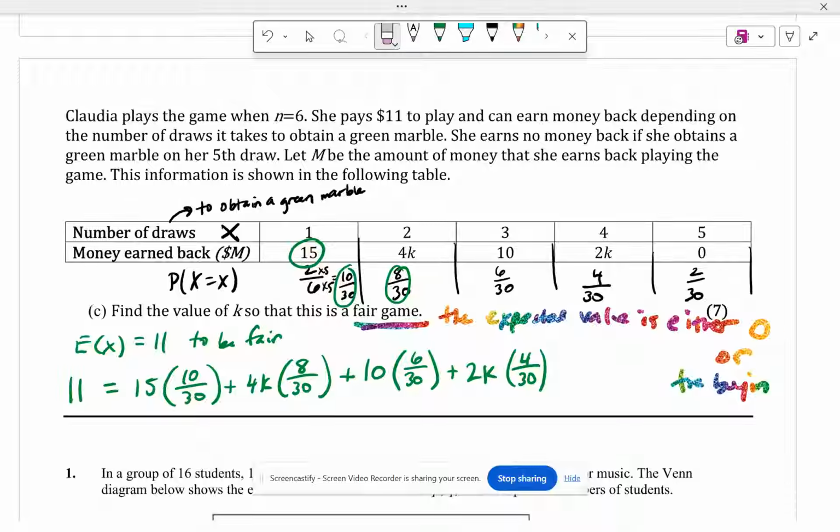And $0 is earned back 2 out of the 30 times when the game ends on the 5th draw. Do you see how I set that up?